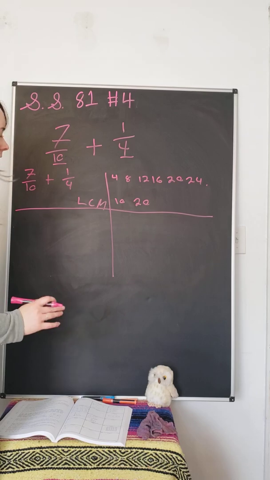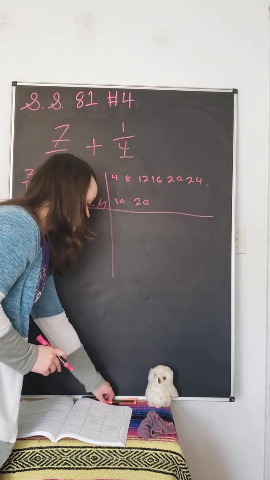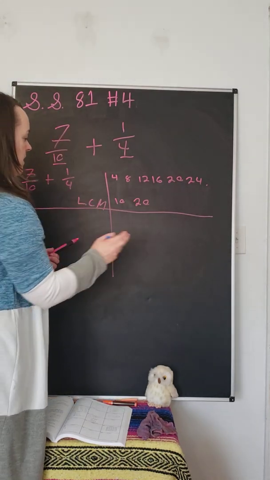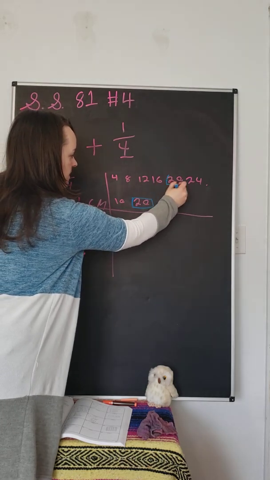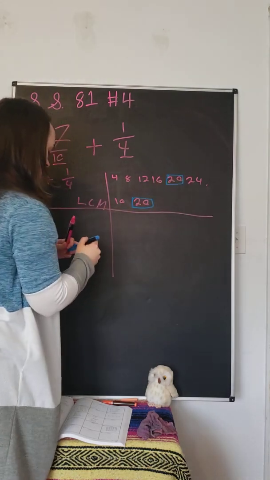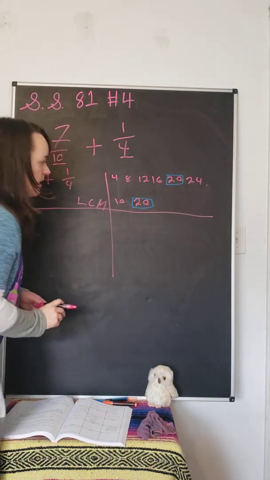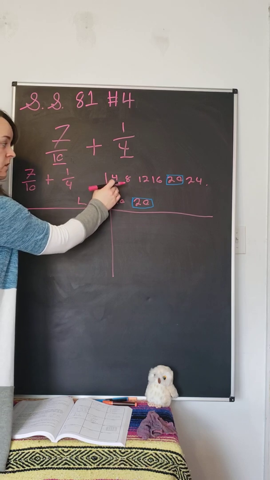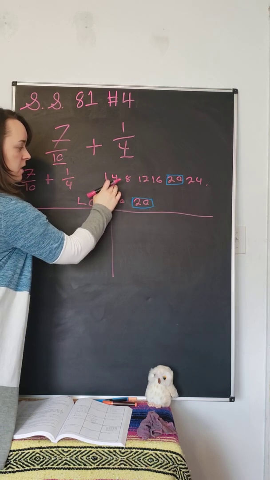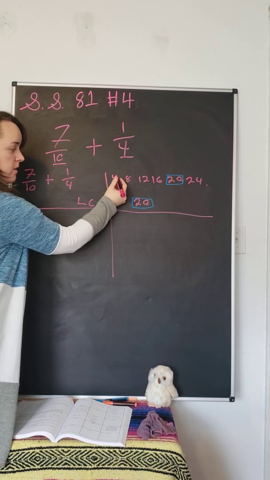And if you notice, they have this in common. Something else, and why I like listing these right here, is that you can count to know what multiple that is. So this is the 1 right here.